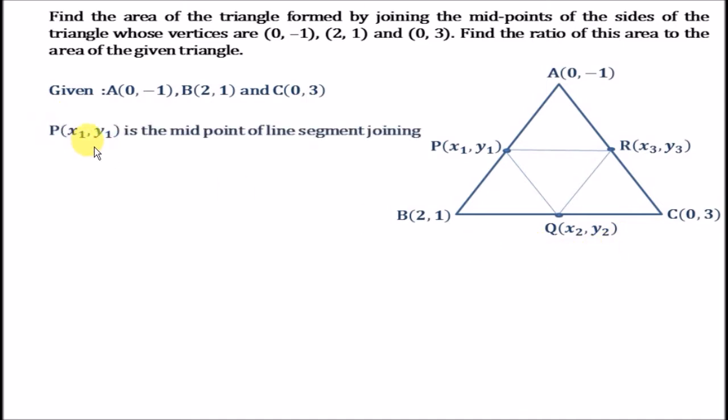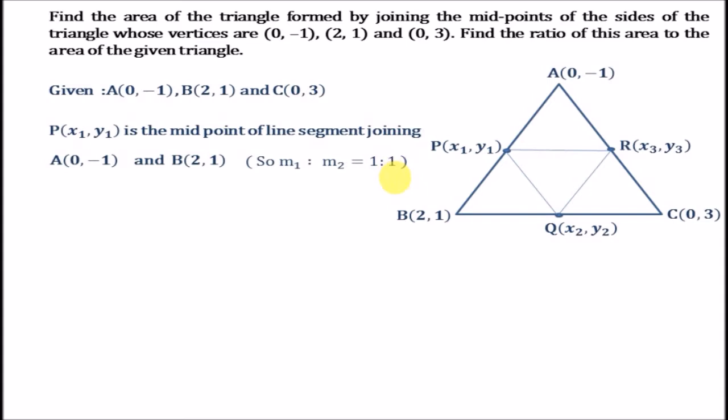P (x1, y1) is the midpoint of the line segment joining A (0, -1) and B (2, 1). Since P is the midpoint, the ratio will be 1:1, that is, m1:m2 equals 1:1.